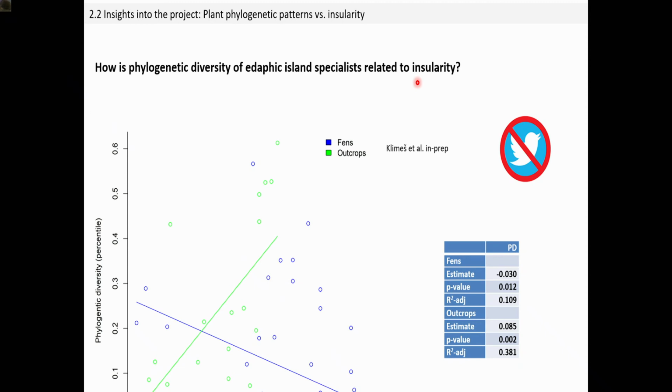Because we are in the same system, it's not too much about asking if the fens are phylogenetically clustered because of insularity. We totally agree that we are probably not able to answer this because you are within the systems, and the flora is already phylogenetically clustered.